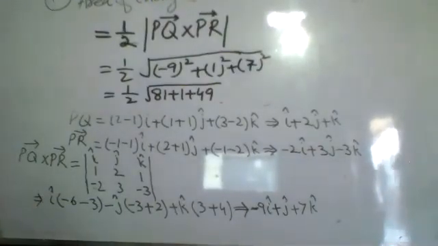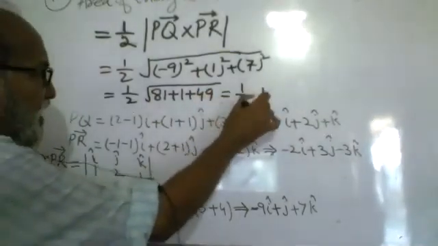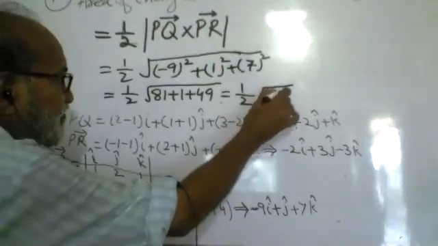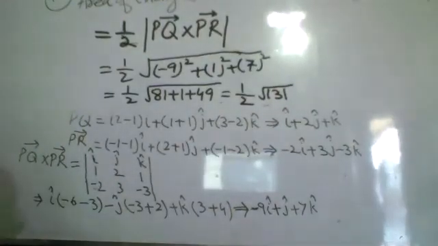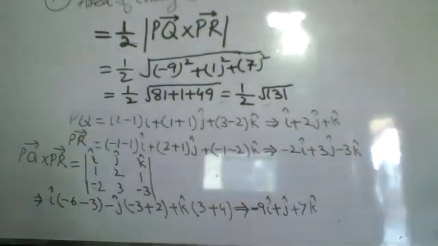That is 50, 131. So 1/2 under root 131. This is the area of the triangle PQR, 1/2 under root 131.